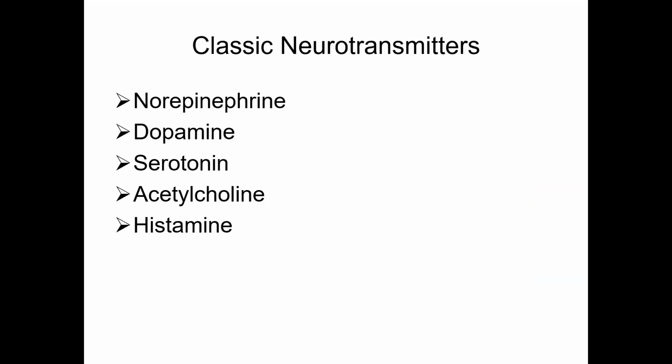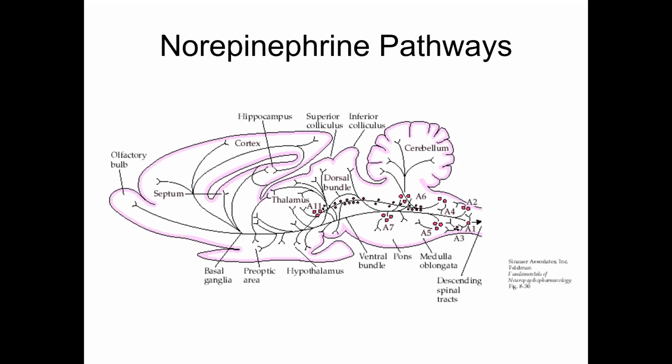So here are the classic neurotransmitters of norepinephrine, dopamine, serotonin, acetylcholine, and histamine. In the norepinephrine pathways, what we can see here is that a large number of norepinephrine containing pathways can be found from the lower medulla all the way up into the pons.